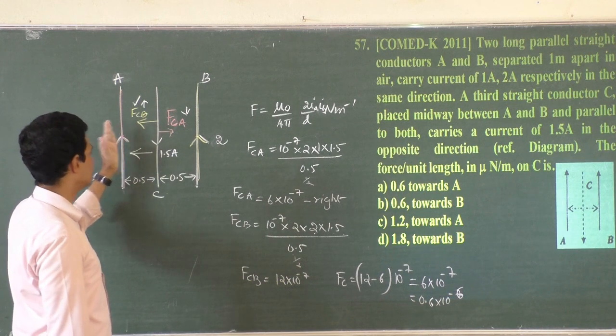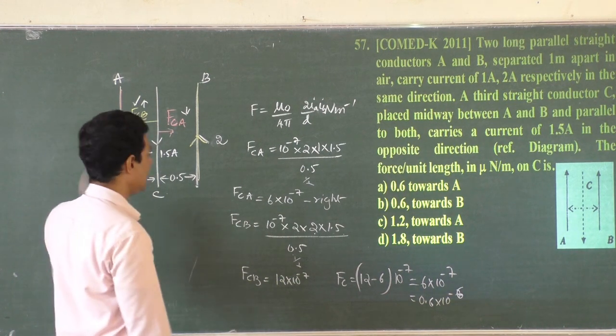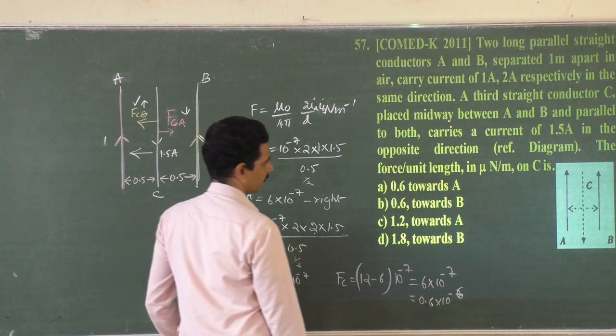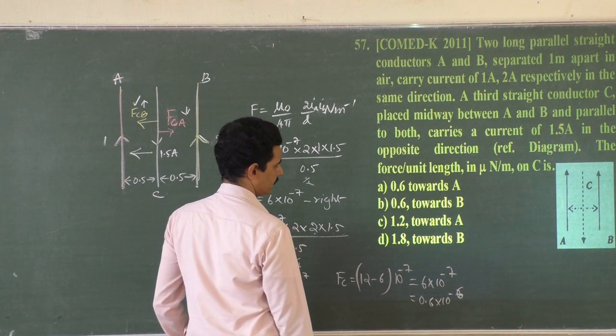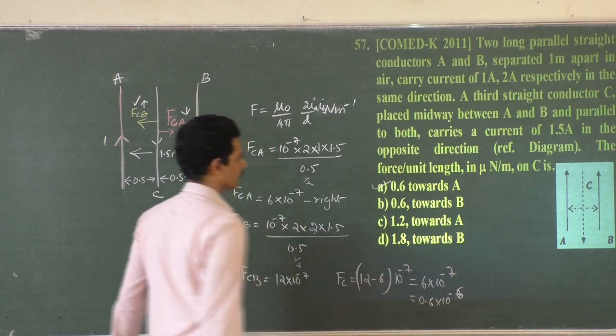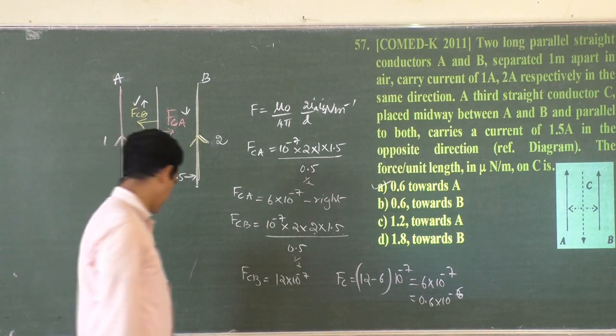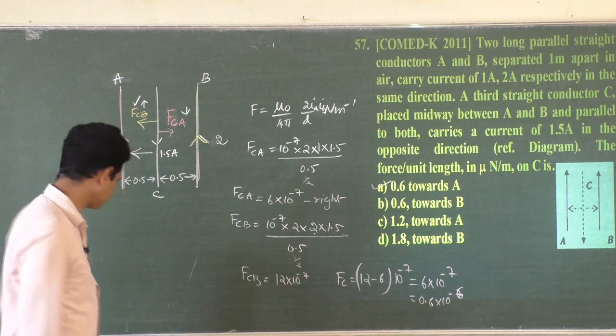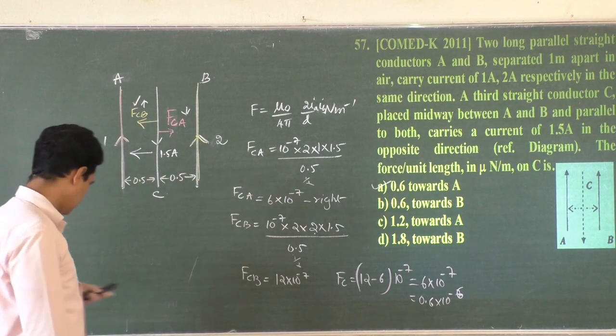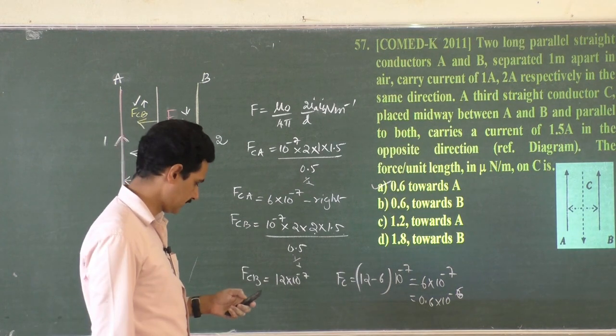So 12 minus 6 towards left, towards A. 0.6 into 10 to the power minus 6 Newton per meter towards A. That is the answer. Option A. Right? Okay. We will go up to 16.